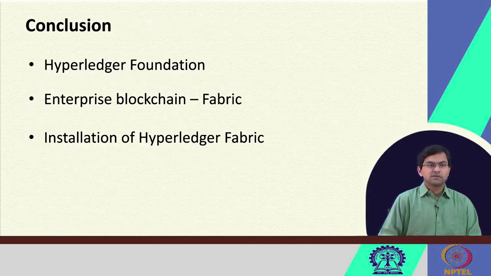So concluding, we learned about the Fabric foundation, or Hyperledger foundation in general, and then we also saw how we can use Hyperledger Fabric, install the prerequisites and check if the Fabric binaries are working or not.